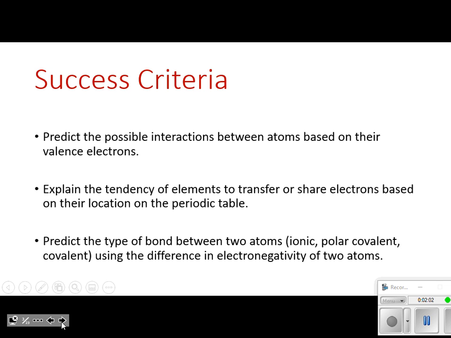Predict the type of bond between the two atoms, whether it's ionic, polar covalent, non-polar covalent, using the difference in the electronegativity. So we're going to need electronegativity, so why don't you take out your periodic table? We're going to need to use those. So we might as well grab those and take those out.